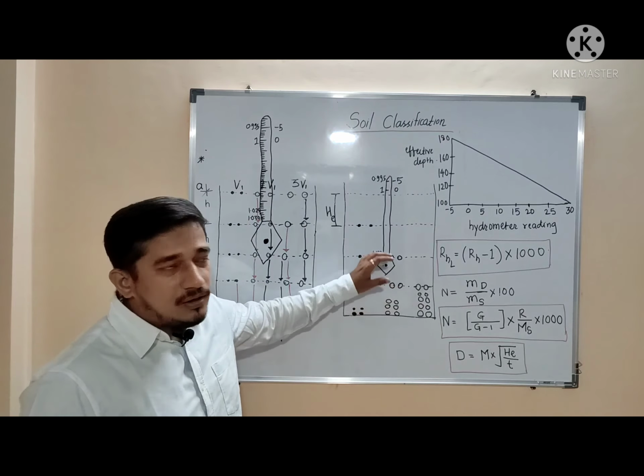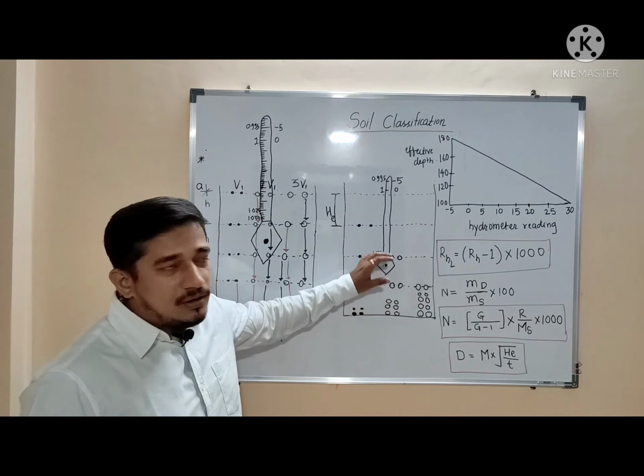One of the most important things is how to take the hydrometer reading. The hydrometer reading we can take on the left side and we can also take on the right side. The hydrometer reading is the reading shown by the free surface of the soil suspension. If we take a reading on the left side, then we have the formula RHL is equal to RH minus 1, multiplied by 1000.